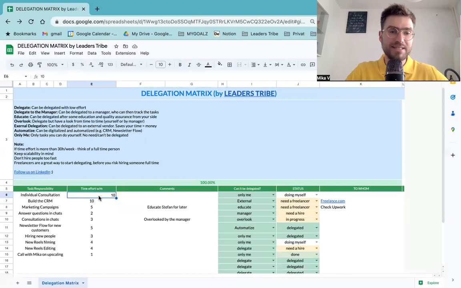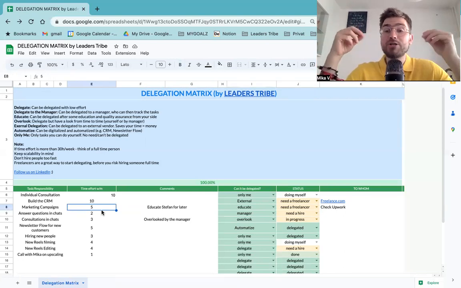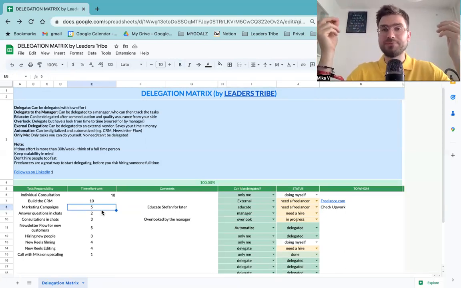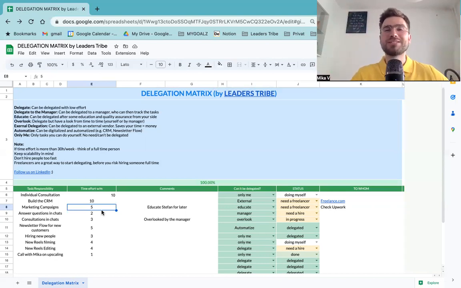Yeah, here it's helpful to also put the approximate time effort into it, because sometimes we're working on things and we don't realize how much time it actually takes us, right? Some people are working 60, 70, 80 plus hour weeks and then realize, hey, actually this task is taking so much time. If I delegate to someone else, then I'm so much more free and I can actually enjoy my life again. So put the hours here.